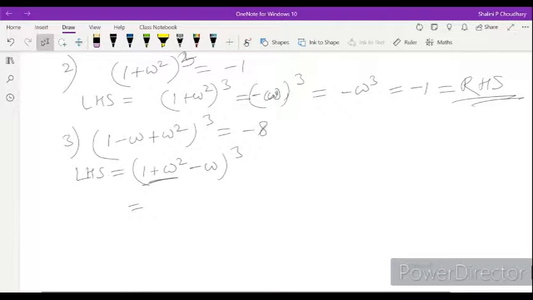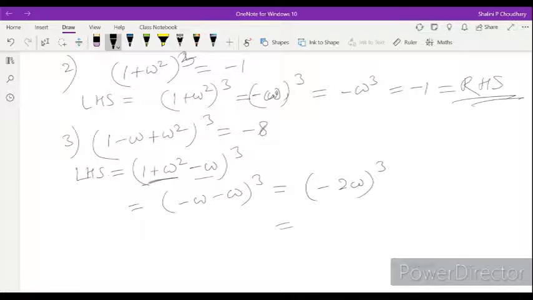So this will be minus omega minus omega, that is minus 2 omega, to the power 3. Minus 2 cubed is -8, and omega cubed is omega cube. As we know that omega cube is equal to 1, we write -8 into 1, which is equal to -8, and that is the RHS. Hence proved. Now we'll do the next question.